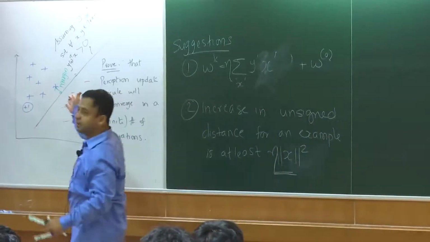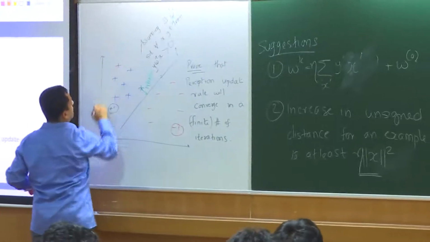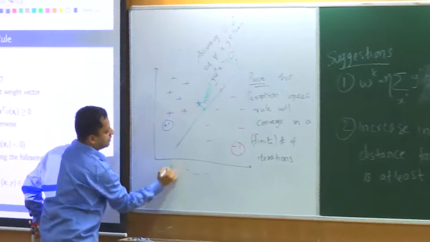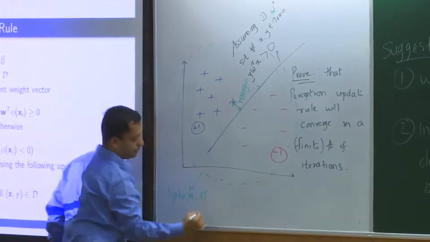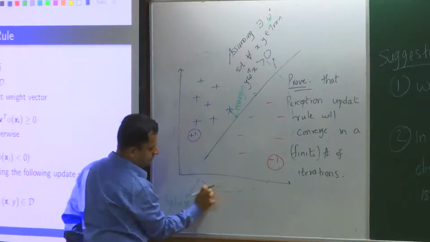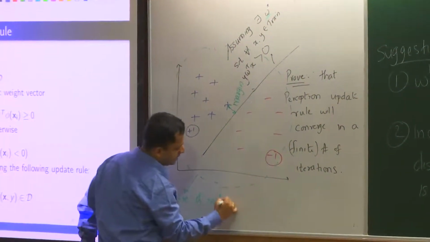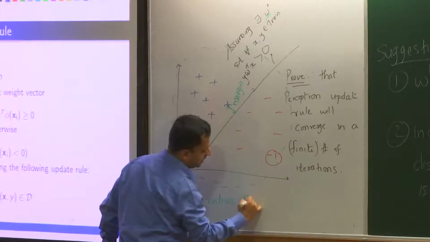Ultimately, the points are given to me, right? So can I assume that there is this sphere? Okay, the sphere of radius norm x, of radius what?